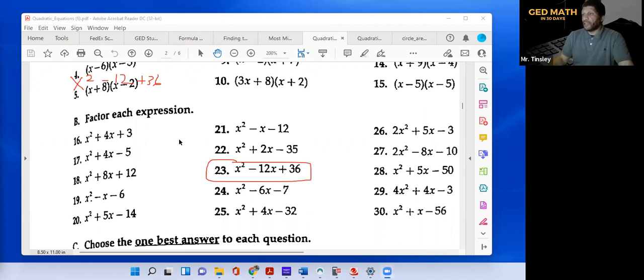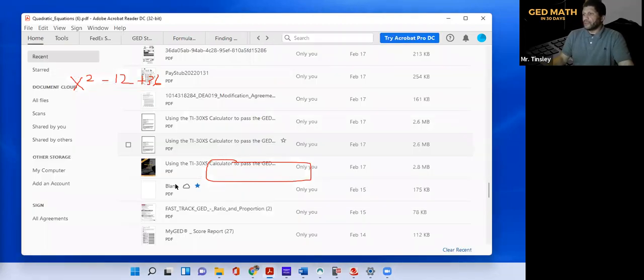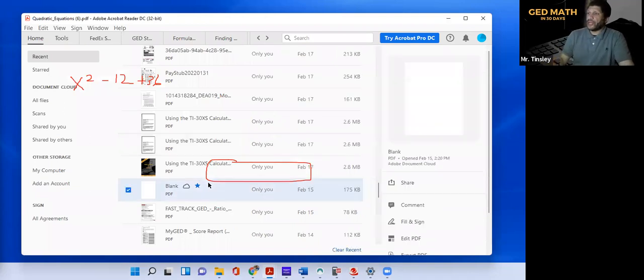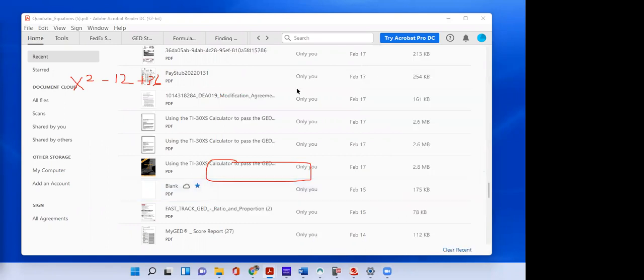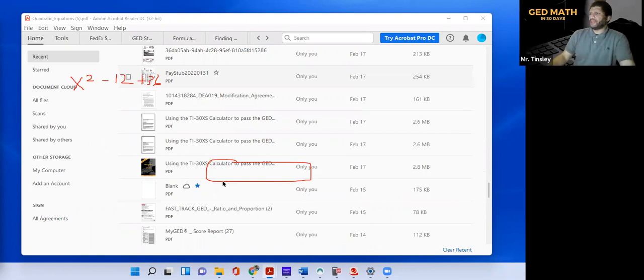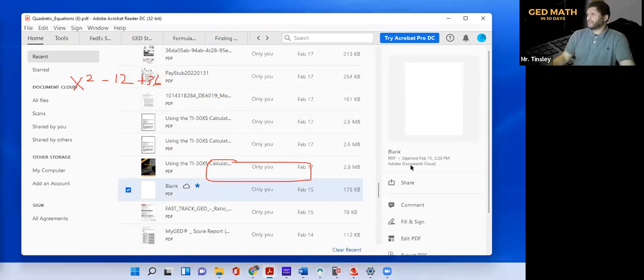Let me go to my blank page. There we go. X squared minus 12x plus 36. And I forgot the x, it goes after the 12. Why did my blank page open up? Why is my blank page not opening? Interesting.